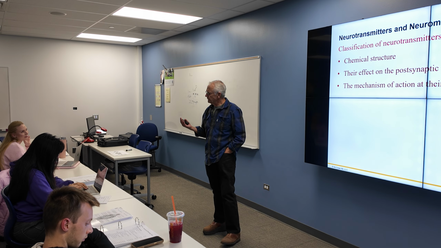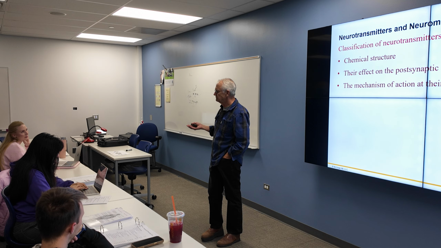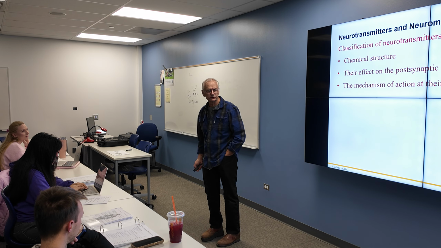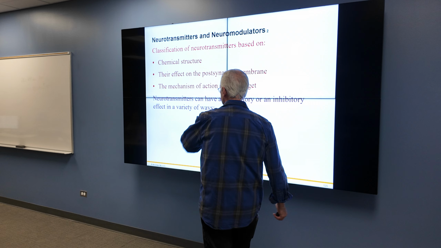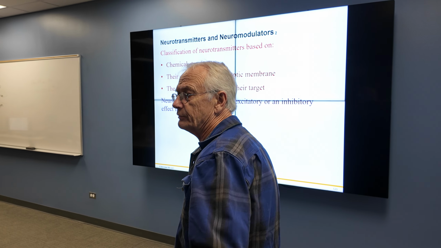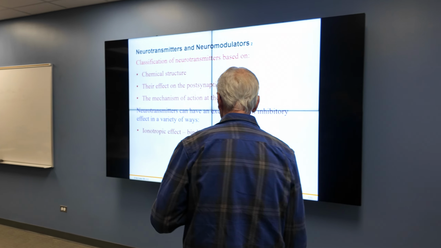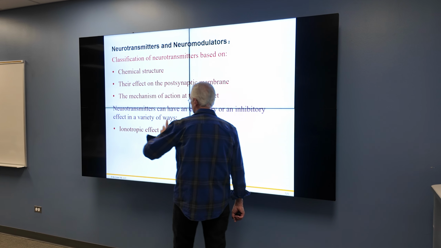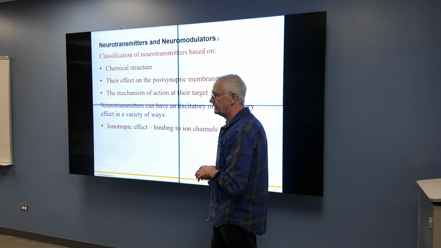Did we talk at all about inhibition or activation? A little bit of that, okay? Neurotransmitters can have an excitatory or an inhibitory effect in a variety of ways. So they can either excite or they can inhibit, accelerate or brake. It's a very real issue associated with this. We talk about another possibility, ionotropic effect, which is binding to an ion channel.